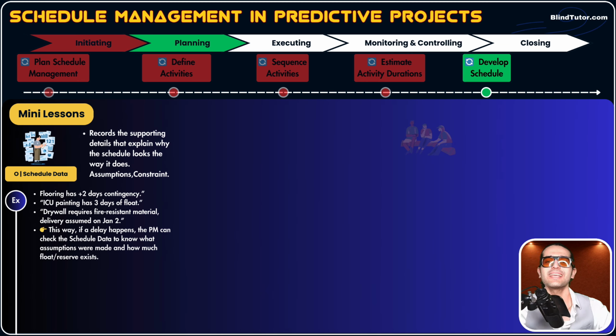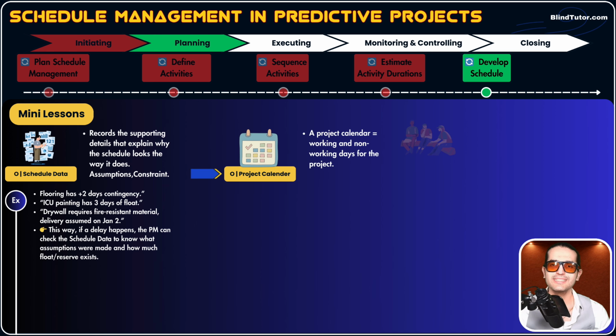Okay, these are called schedule data. How does this schedule data help us? For example, if a delay happens, the PM can check the schedule data to know what assumptions were made and how much float or reserve exists, so they could take corrective action based on that schedule data. The next output is project calendar, guys.